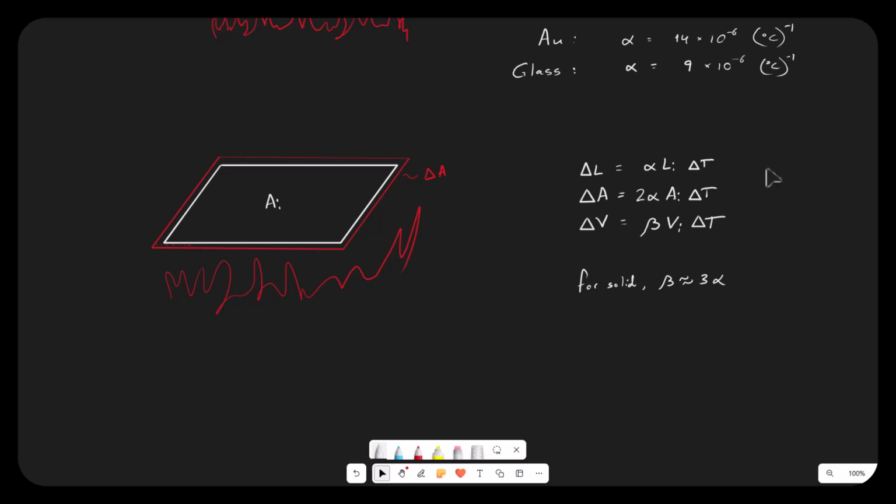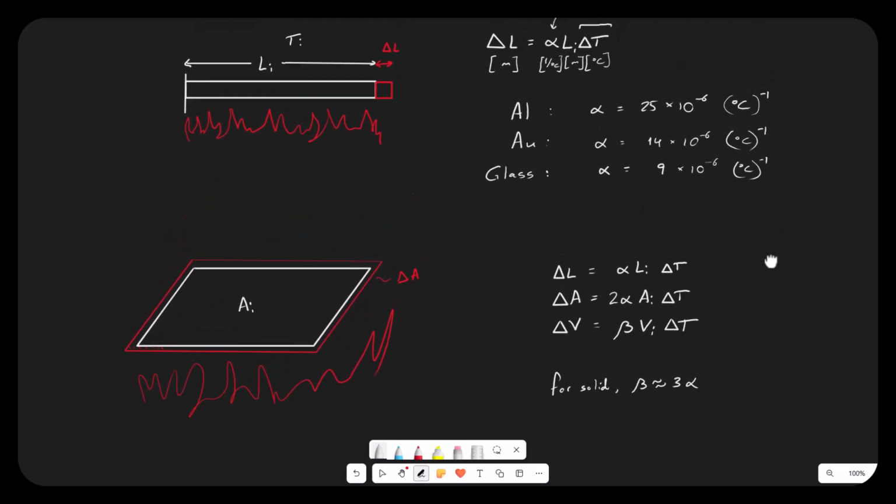So I would like to give you a couple of these beta values also. We might have, let's say, ether, like a diethyl ether sort of thing. Ether has a beta value of 1650 times 10 to the minus 6th.